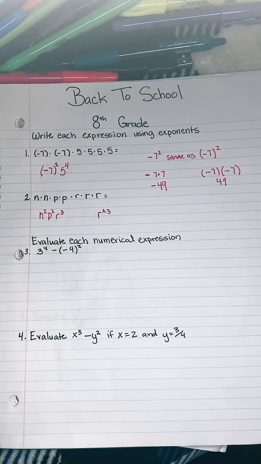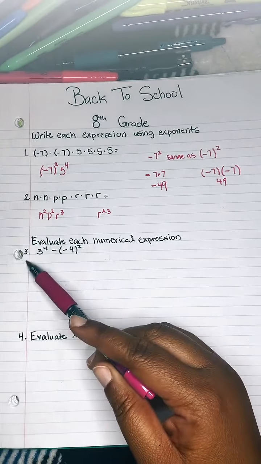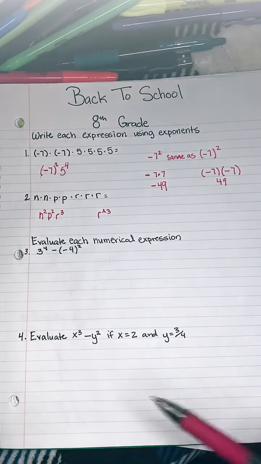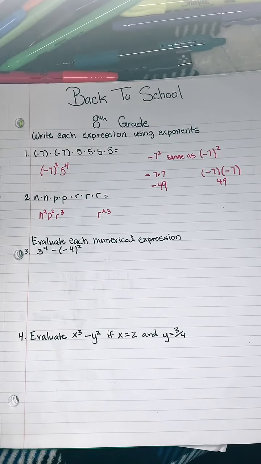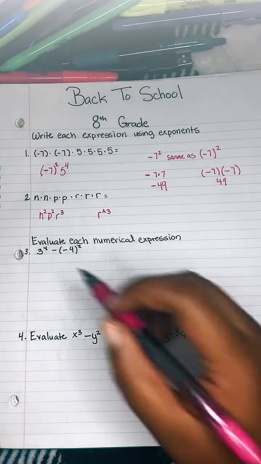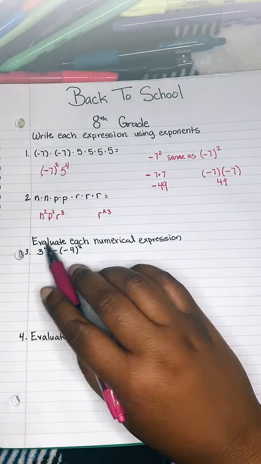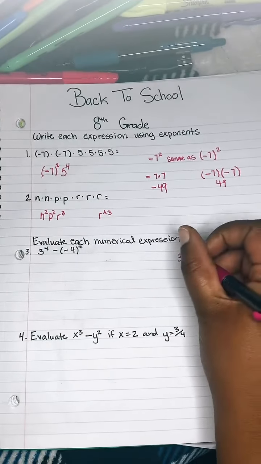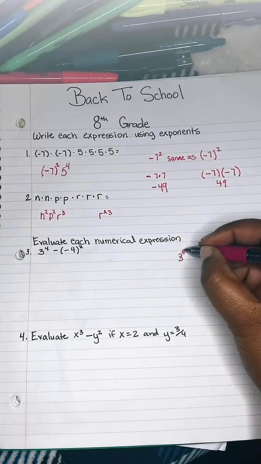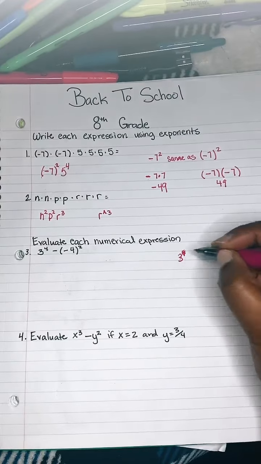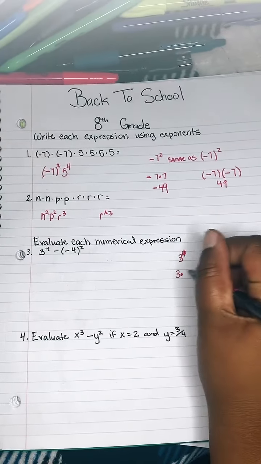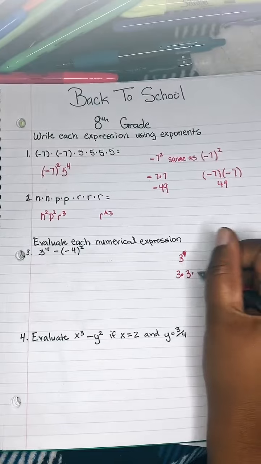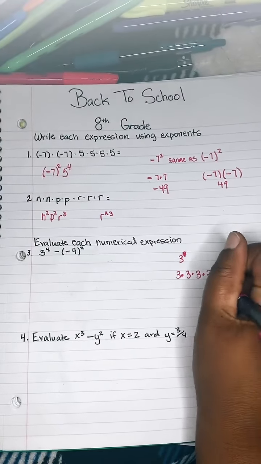Okay, I see. Let's talk about this. 3 times itself, 4 times. I love it. Let me say this again: it never means 3 times 4. No. This 4th power means 3 times 3 times 3 times 3.